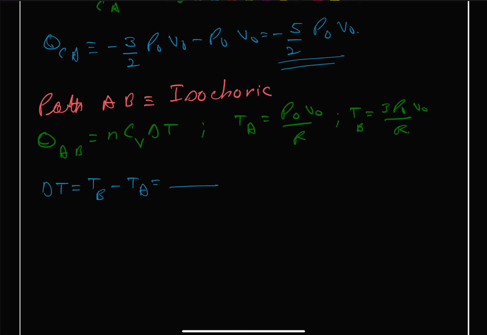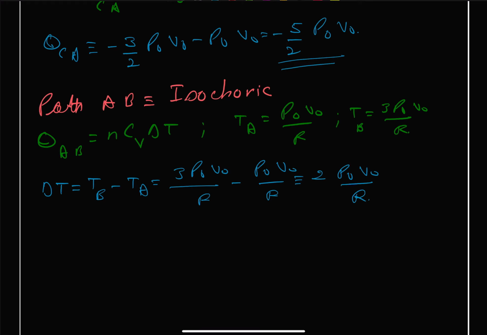So we get this as 3 P naught V naught upon R minus P naught V naught upon R, which comes as 2 P naught V naught upon R.